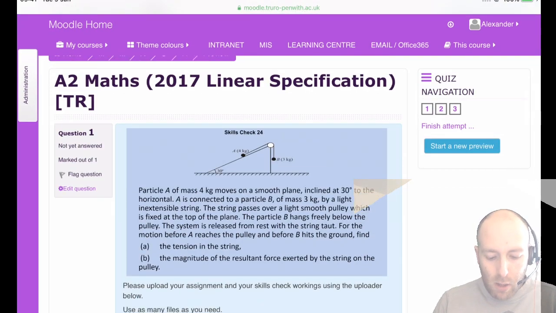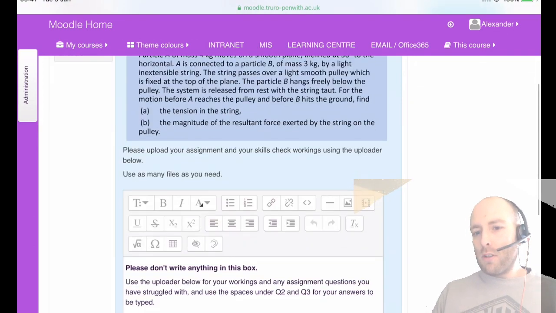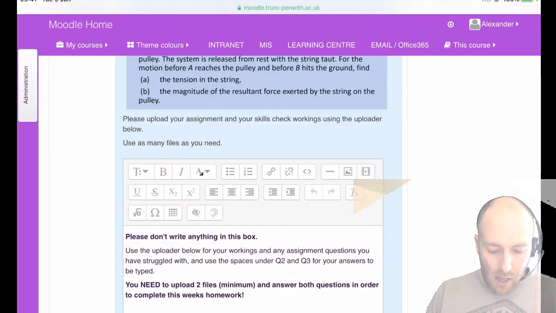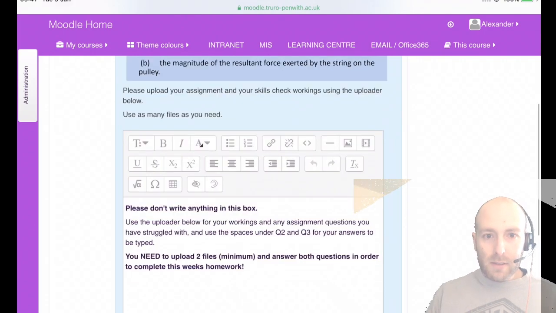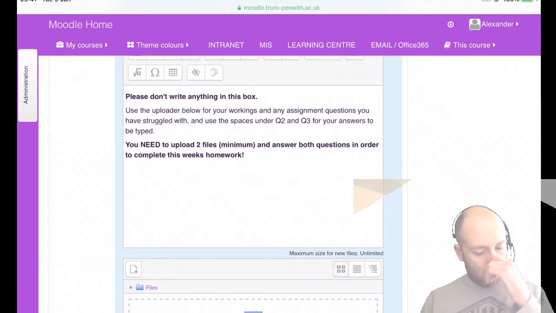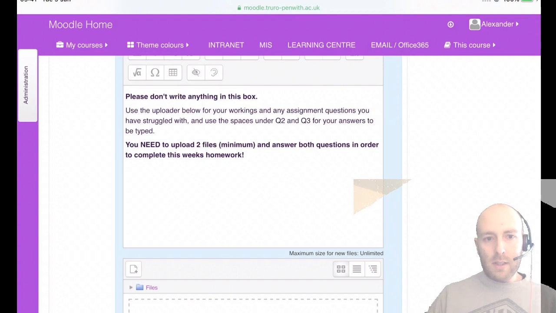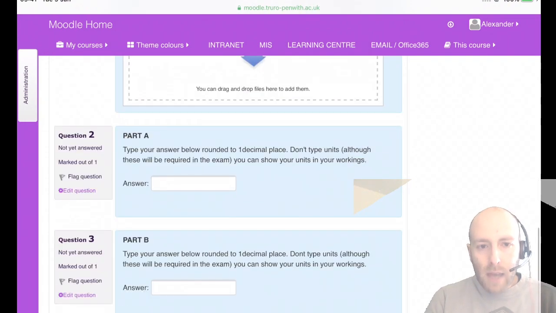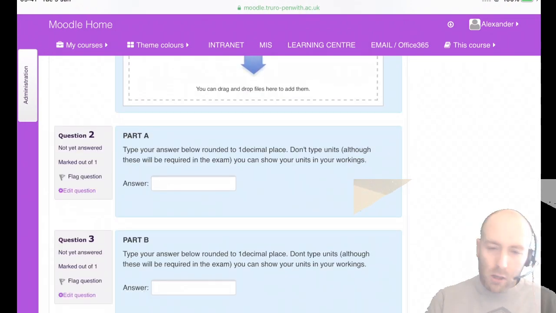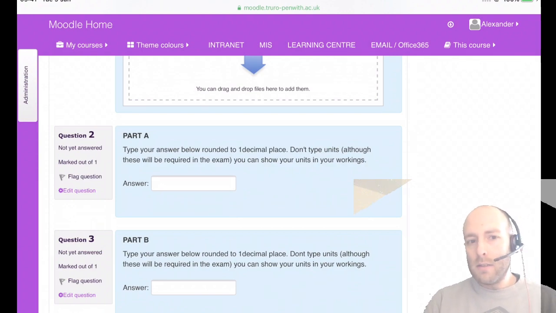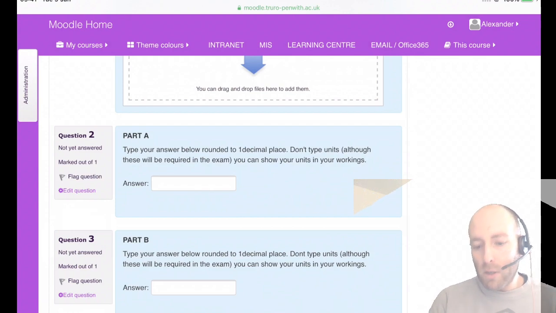You need to upload a photo of anything you struggle with on your assignment. Don't write anything in this box. This is just an uploader. And you're going to answer your questions in these bits. And it will tell you straight away if you got it right or got it wrong. And it will send it to me. And then I can look through your workings and give you any points for correction.